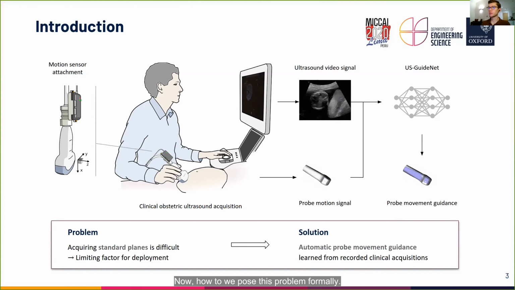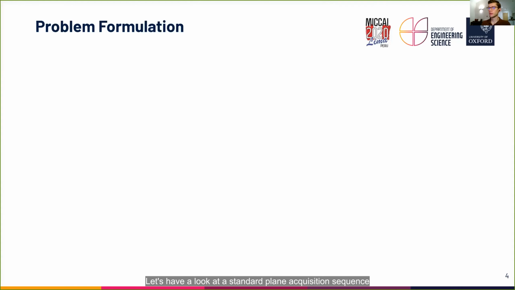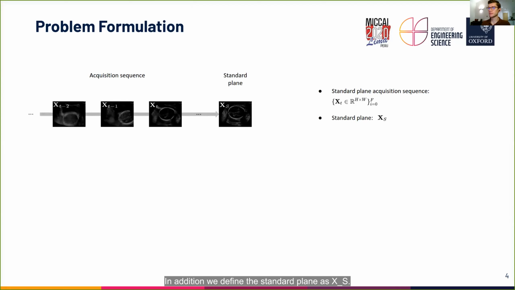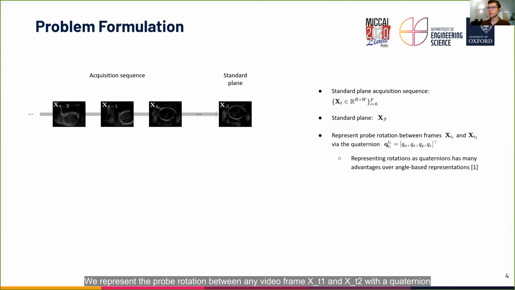Now, how do we pose this problem formally? Let's have a look at a standard plane acquisition sequence up to a video frame XT. In addition, we define the standard plane as XS. We represent the probe rotation between any video frame XT1 and XT2 with a quaternion, since representing rotations as quaternions has many advantages over angle-based representations like Euler angle, such as the fact that they can be smoothly interpolated and don't have any discontinuities.